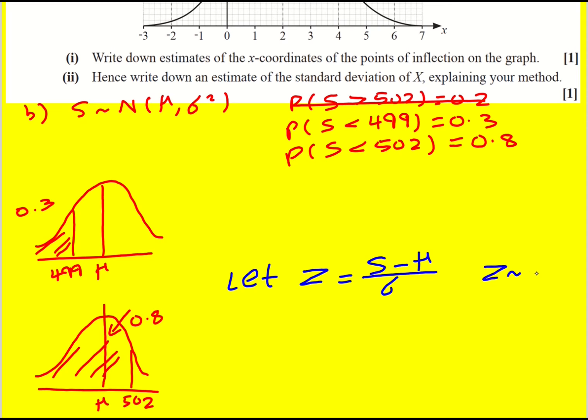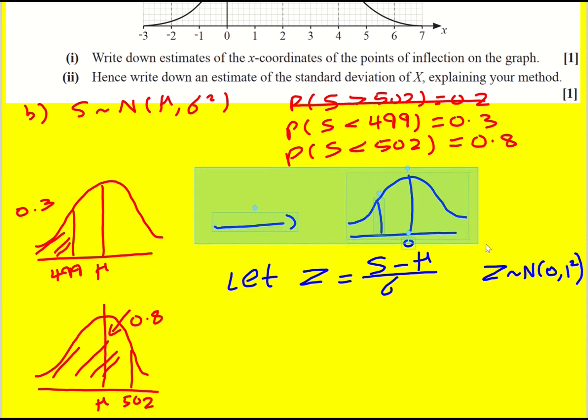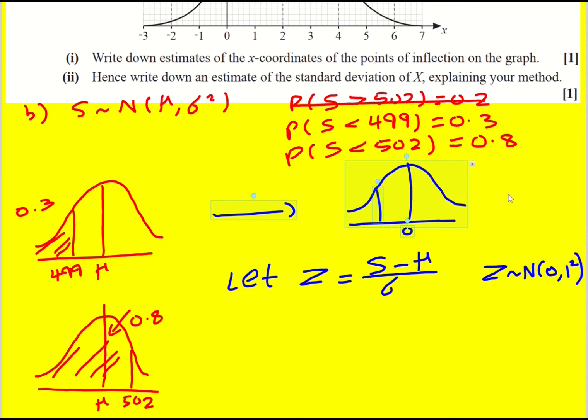Z is then the normal distribution with mean 0 and variance 1, standard deviation 1 as well. So this transforms things. So my top diagram, suddenly I know what the mean is, but this 499, I don't know what it is anymore. It's going to be 499 minus mu over sigma.